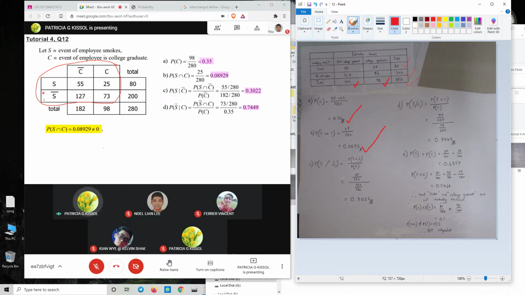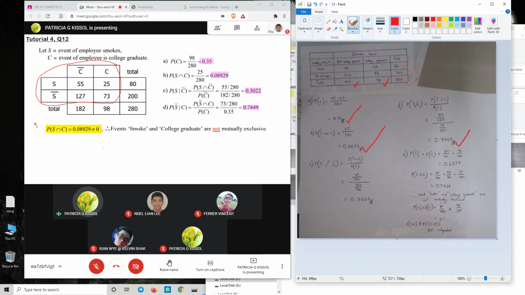When we calculate the probability of S and C, we got 0.08929, which is not equal to 0. By right, in order to show they are mutually exclusive, it should be equal to 0. But in this case, we get 0.08929, almost a 0, but it's not. Therefore, we can conclude the events smoke and college graduate are not mutually exclusive.